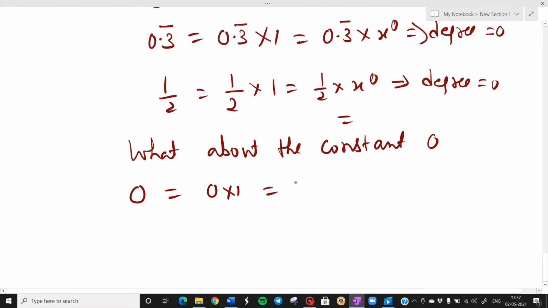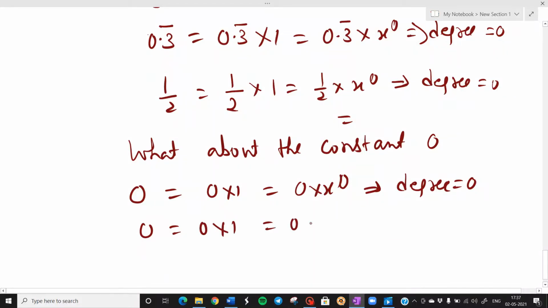We can write 0 into x power 1. So we can say the degree, sorry, 0 we can write as 0 into 1, 0 into x power minus 1, so, sorry, x power plus 1, x power 0.